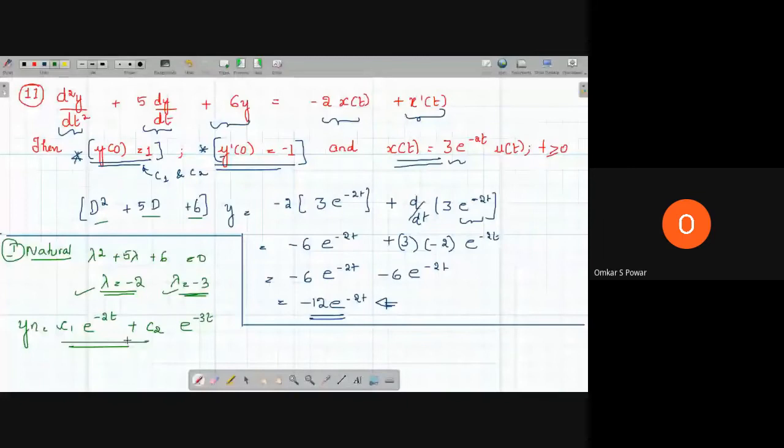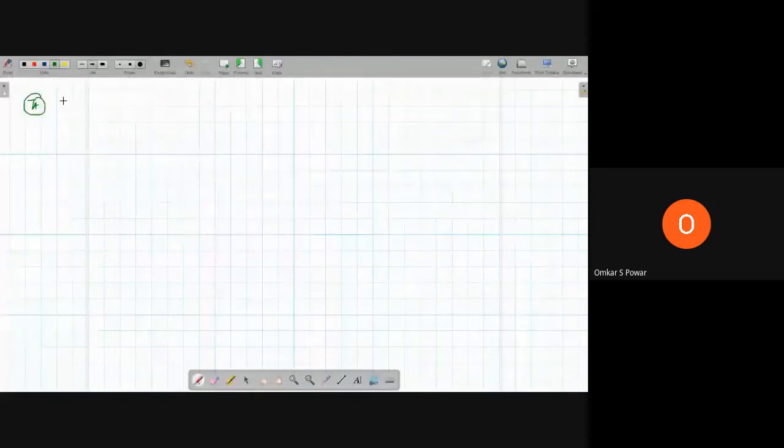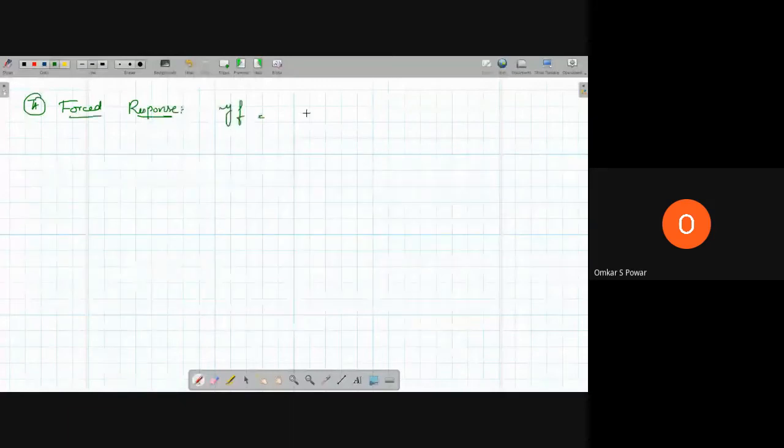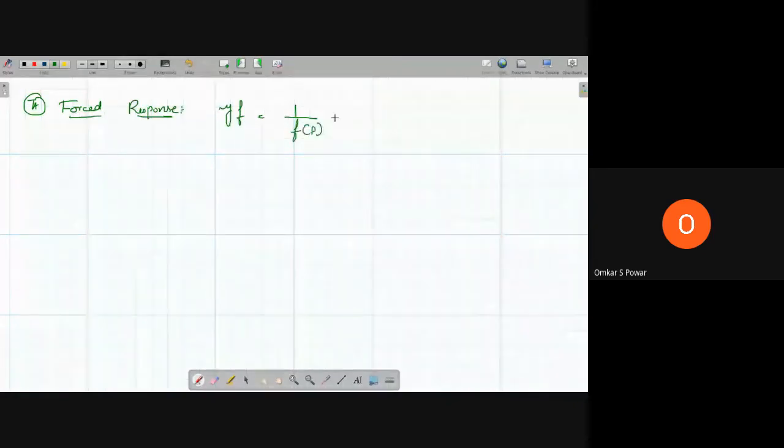Now what do we have to solve? Forced response. So for forced response, let me go to the second page here. To get the forced response, what we have to do? Yf is equal to 1 by f of D into x. So what is your x you have got here?